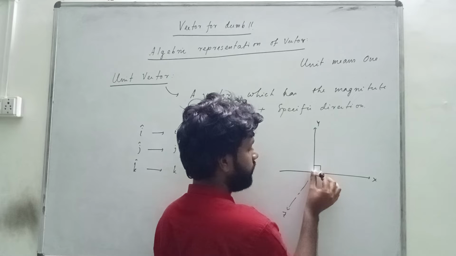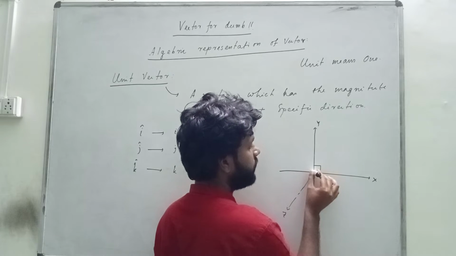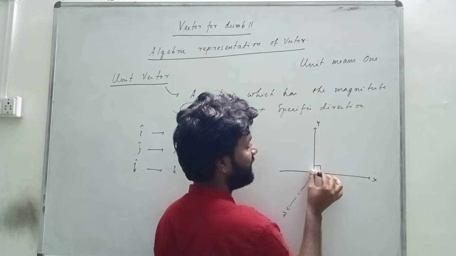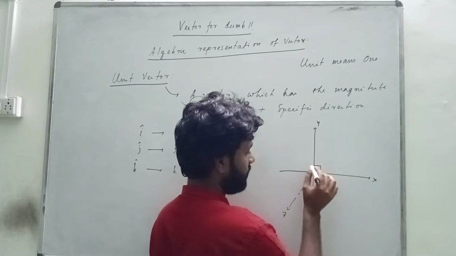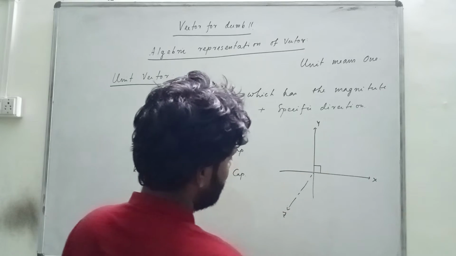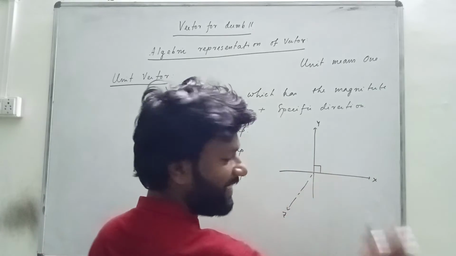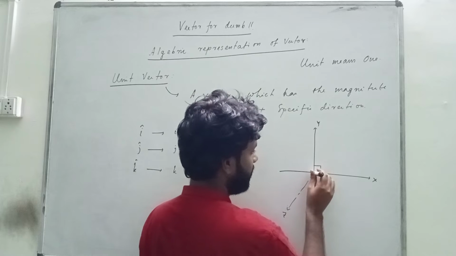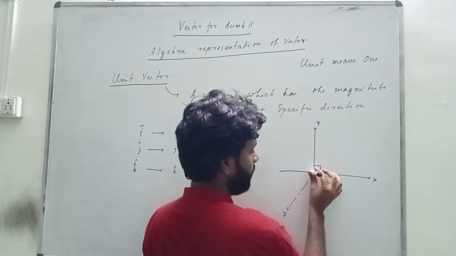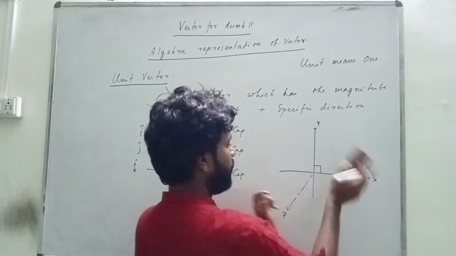It is at 90 degrees with the x axis and with the y axis. But I couldn't draw this z axis on this two-dimensional board. It's a three-dimensional space. Just for simplicity, take this x and y here.